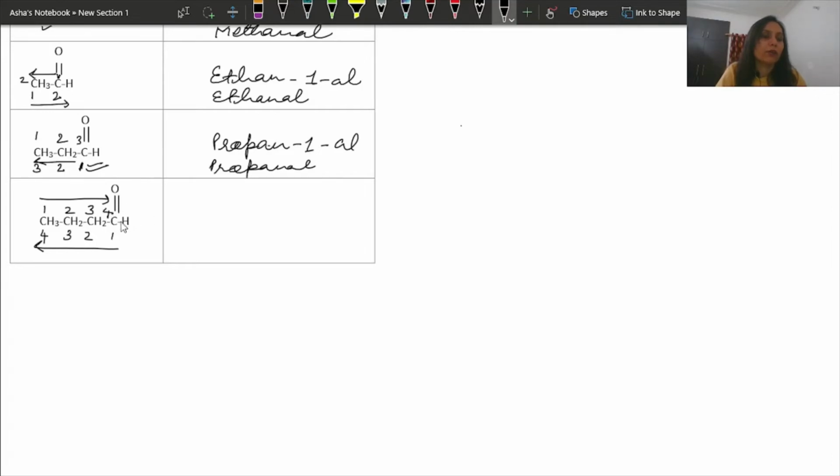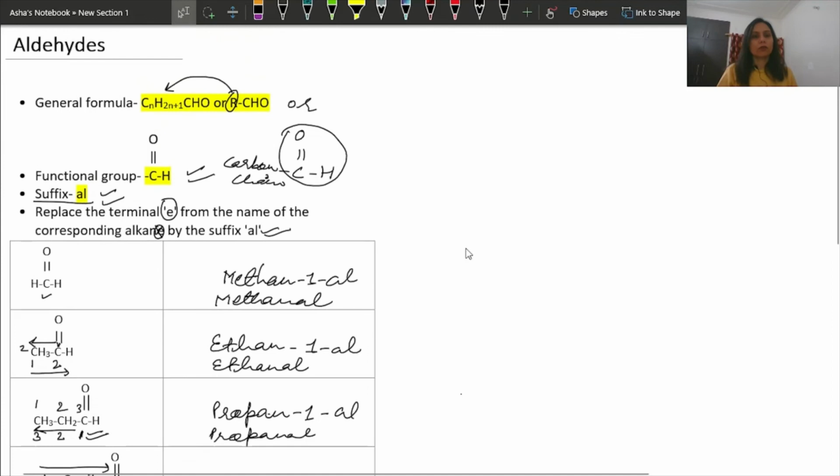So for the aldehyde group you will have to give the least numerical value, so we will be taking this numbering. There are 4 carbons, so the root word will be but. It is an alkane, so you will be writing an, and you will be mentioning 1-al, that is butanol. They are mostly present at the terminals, that is at the end of the chain, so they usually have 1 as their numbering or placement.